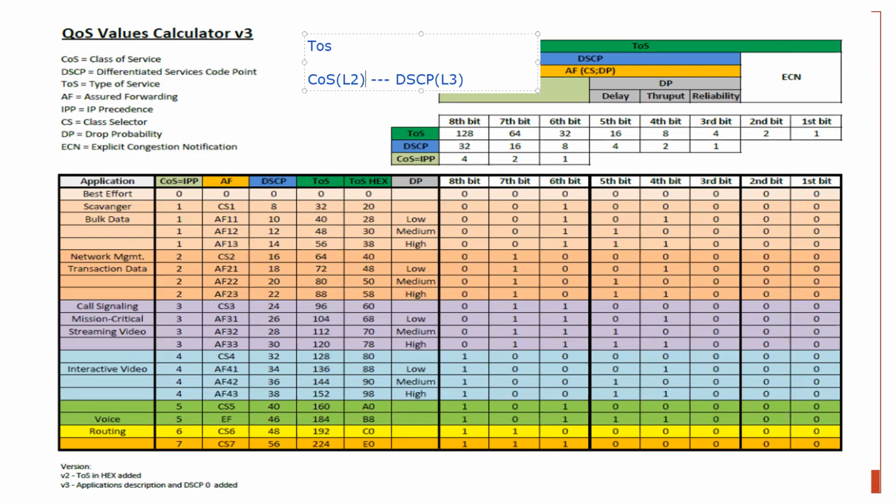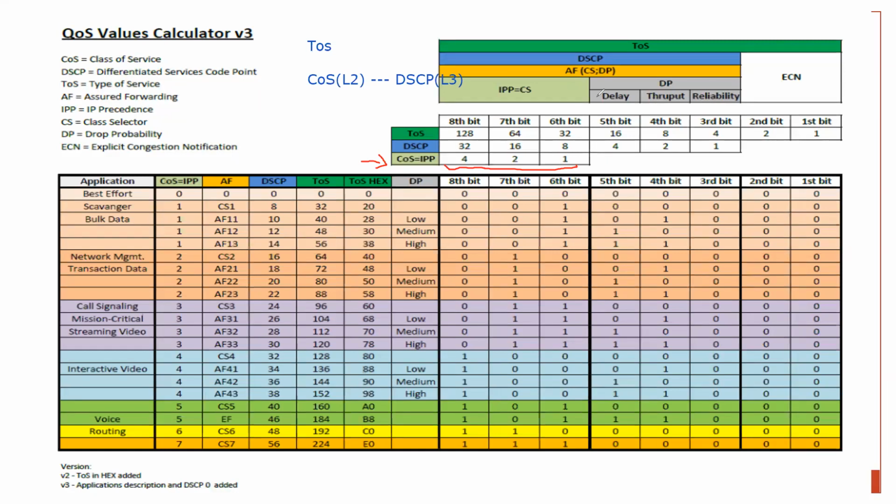When you are studying this, it's very important to know that COS has 3 bits reserved, the 6th, 7th, and 8th. If you have 3 bits, your total number of markings will be 2 to the power 3, that means 8.